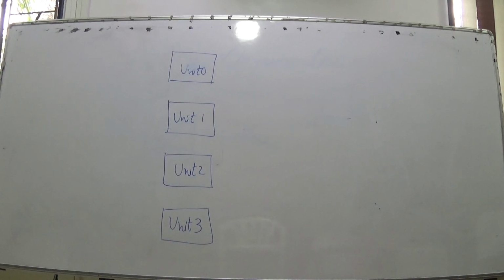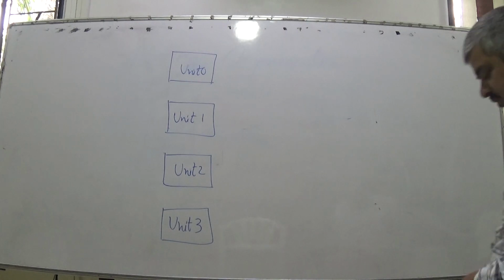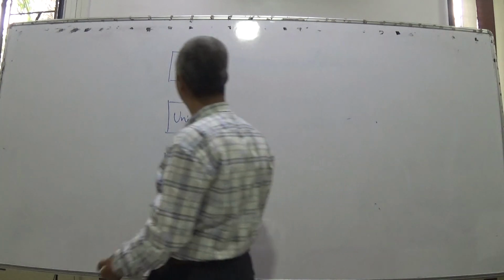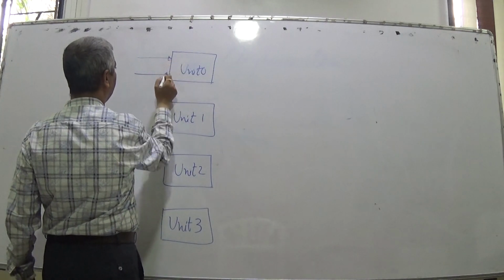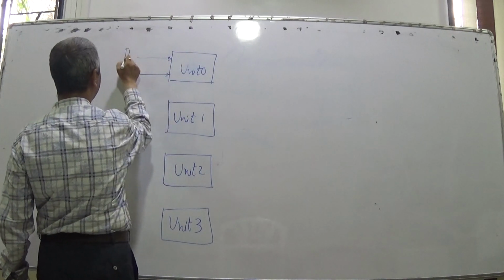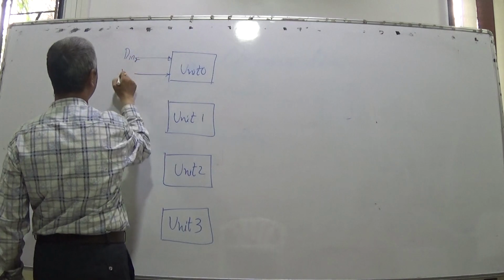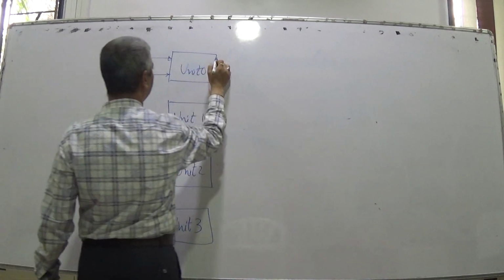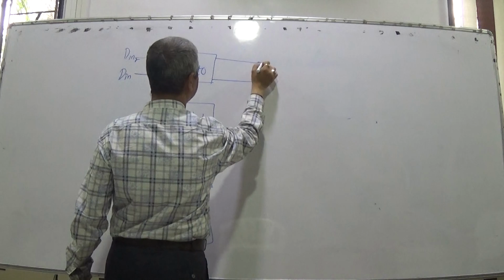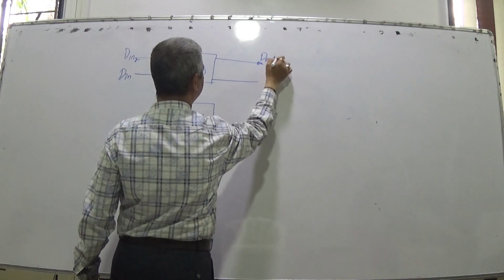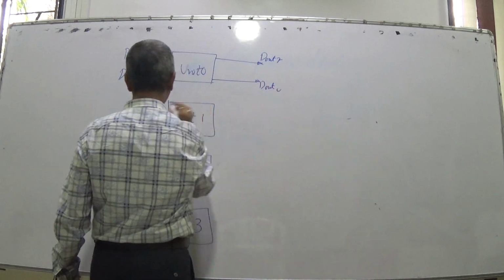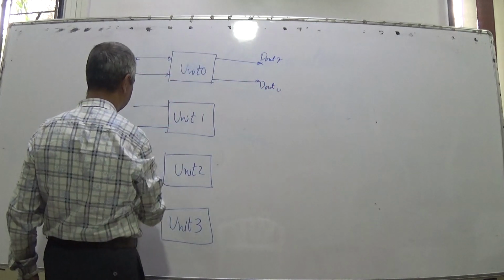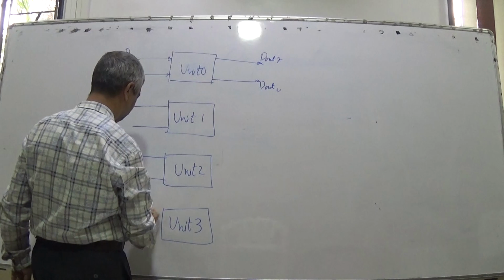Now, what are we supposed to do? This has 8 input pins, D in 7 to D in 0, and 8 output pins, D out 7 to D out 0. This also has the same thing. Same thing.